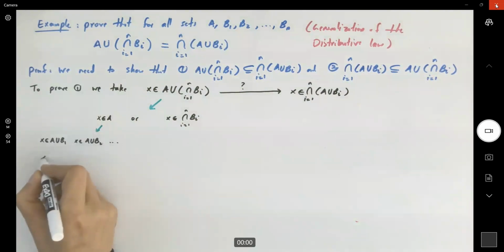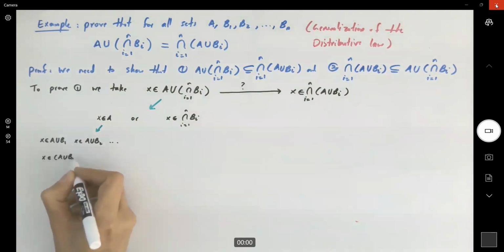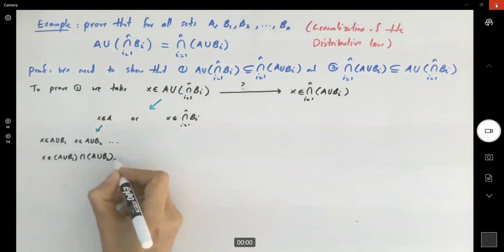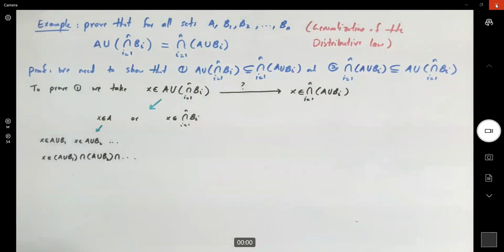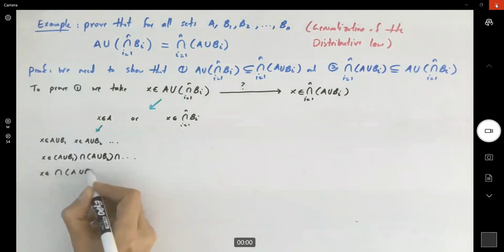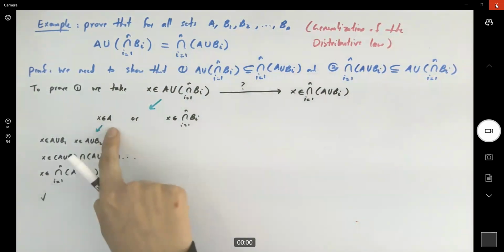So x belongs to the intersection of A union B1, A union B2, and the rest of the intersections. It means that x belongs to the intersection of A union Bi's, i starts from 1, goes to n. We prove this. So far, so good. So this is the very first scenario, that x belongs to A.